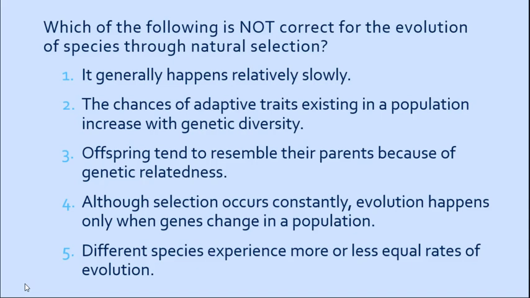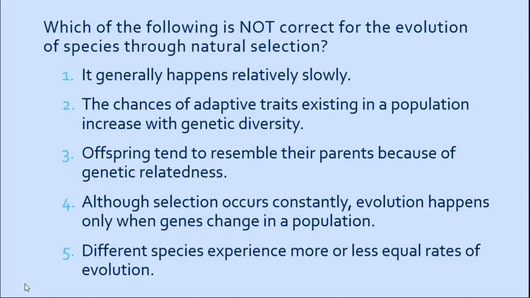The chances of adaptive traits exist when you have increasing genetic diversity. That's true. Offspring do tend to resemble their parents because they share a lot of genes, right? Selection occurs constantly, but evolution, remember, only happens if you have a change in the genes in the population, okay? If the population genes still stay kind of the same, Hardy-Weinberg equilibrium situation, more or less, then you don't have evolution.